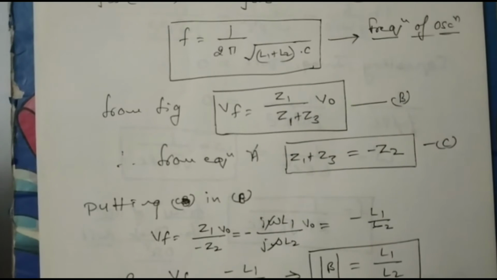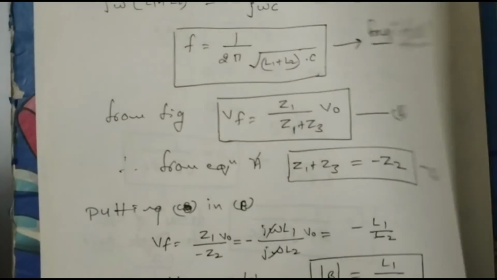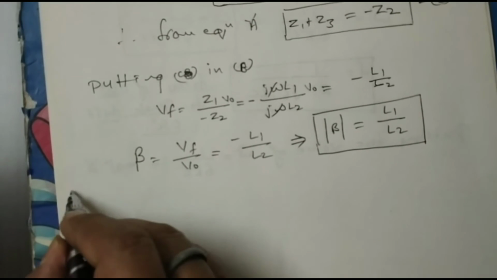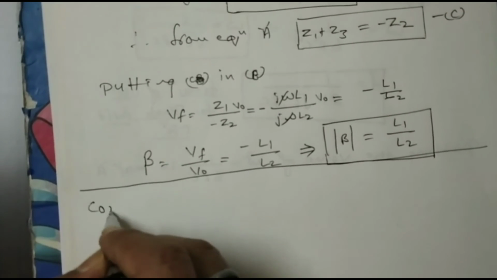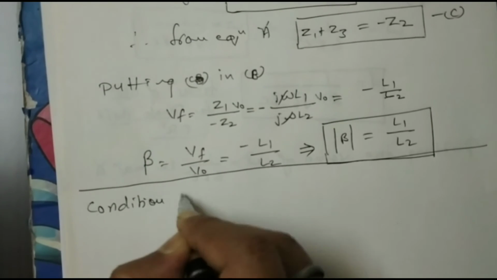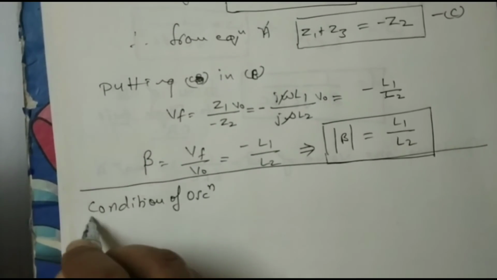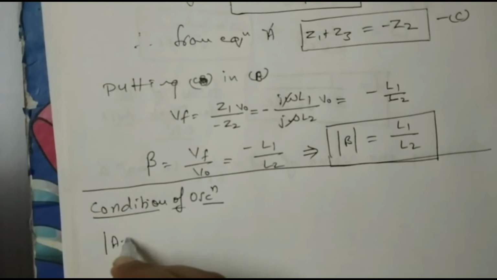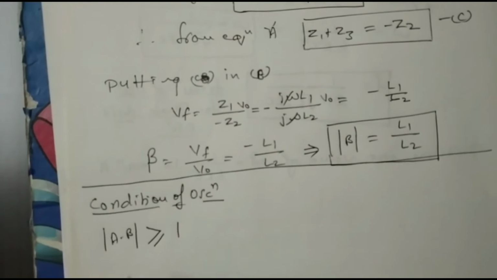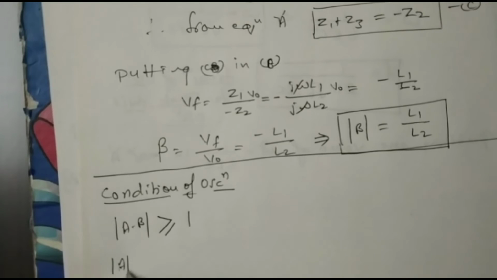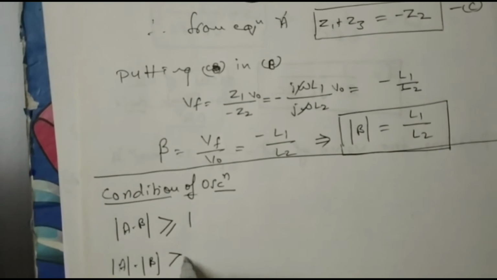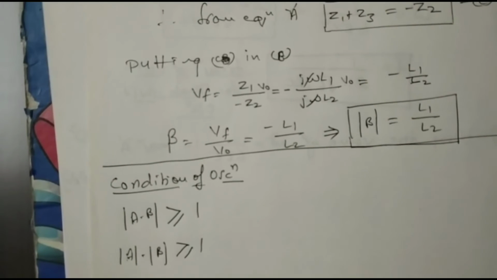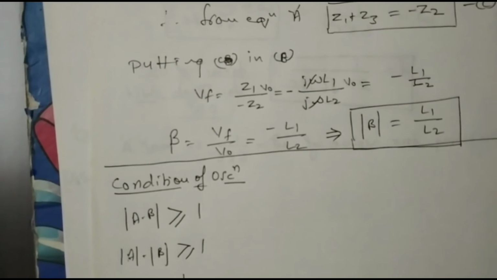Now we have to calculate the condition of oscillation. By Barkhausen's criterion, mod of A into beta should be greater than or equal to 1, which implies mod of A into mod of beta should be greater than or equal to 1. Therefore, mod of A should be greater than or equal to 1 upon mod of beta.